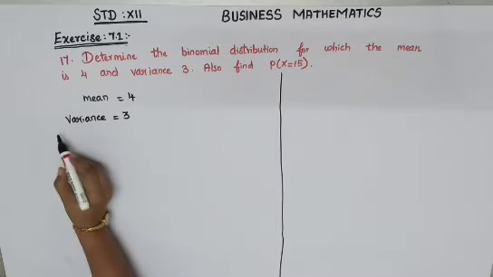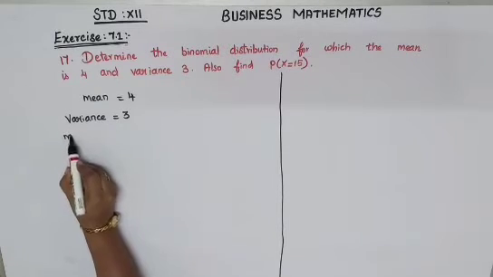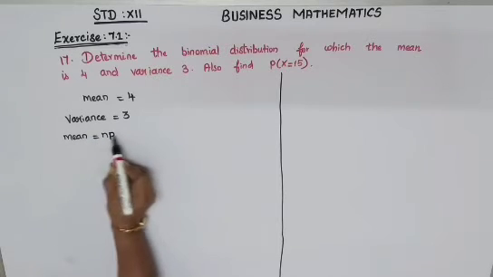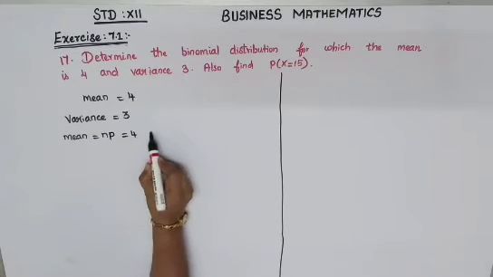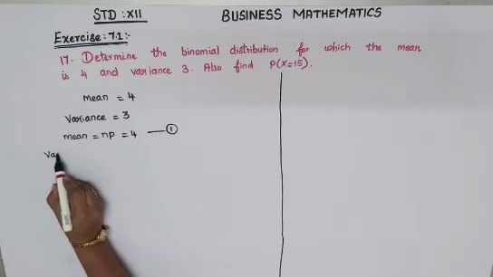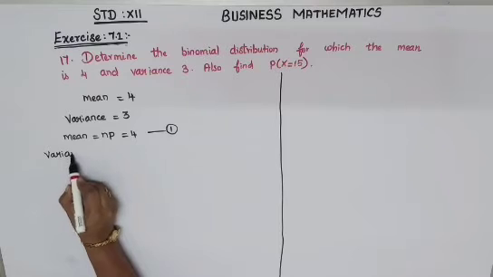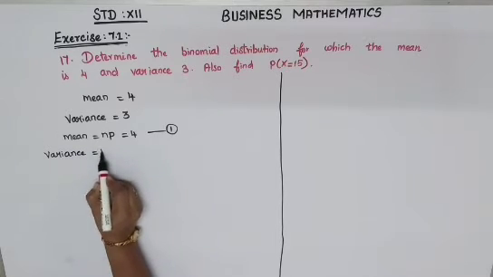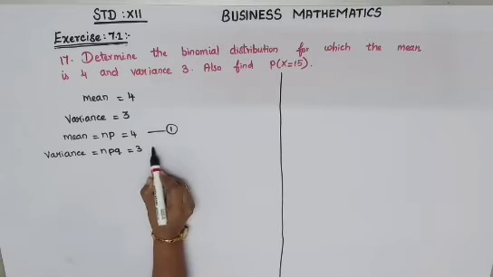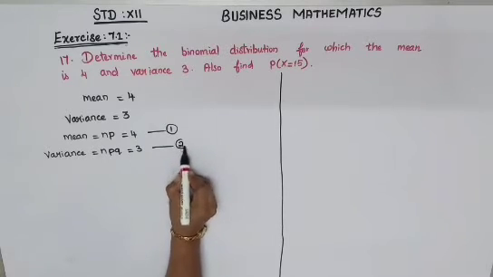Now the mean formula is mean is equal to NP, which is equal to 4. So we'll just mark this as equation 1. And your variance formula is NPQ which is equal to 3. So we'll just mark this as equation 2.